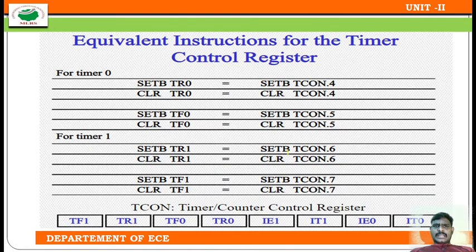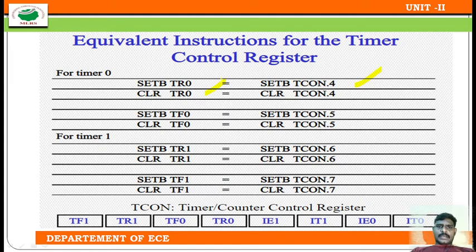These are some of the instructions for the timer control registers which can be used to set individual bits. The TCON register can be set bitwise, so I can set TR0 or clear the TR0 bit, or I can use TCON.4.